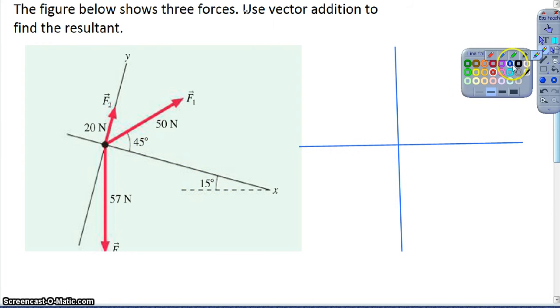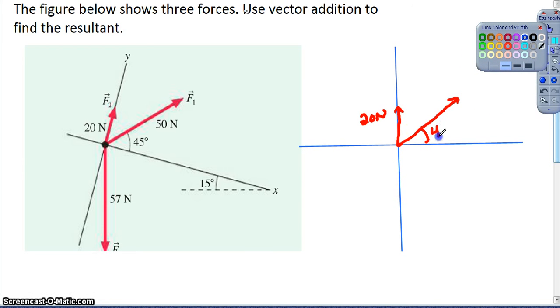But anyway, my force 2 then, so drawing on these three forces I guess, force 2 would be going straight up based on my picture, so 20 newtons. Force 1 is going off at the angle here of 45 degrees, or close to it, hopefully, if my picture is any good. And then force 3 is the one that's pulling down.